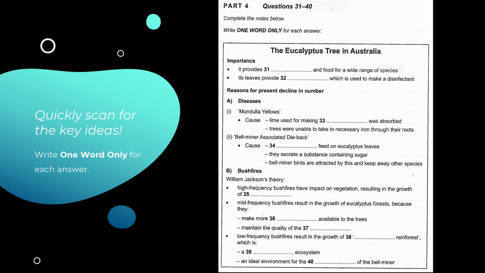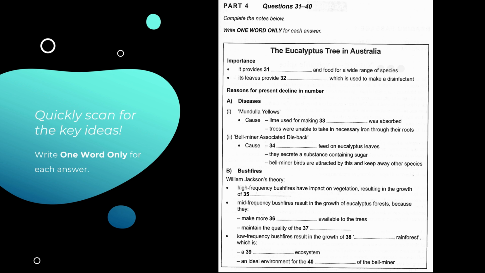So, what are the reasons for this? One possible reason is disease. As far back as the 1970s, the trees started getting a disease called Mundula yellows. The tree's leaves would gradually turn yellow, then the tree would die.